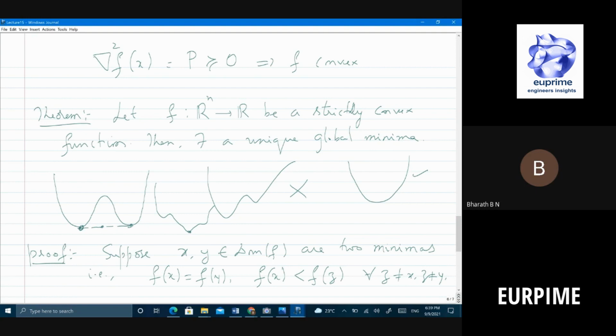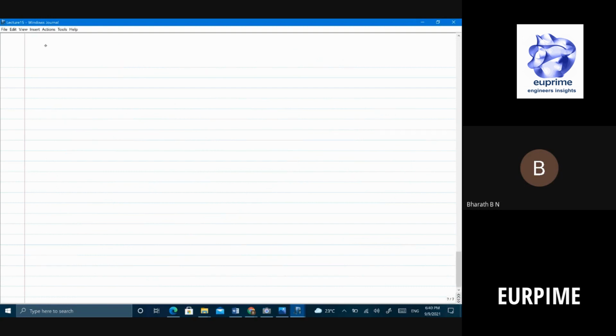So what do you do? I take a convex combination of x and y. Then f of lambda x plus 1 minus lambda y is definitely, remember this is important, strictly less than, by strict convexity, lambda f of x plus 1 minus lambda f of y. You agree? But what is the relationship between f of x and f of y? Equal, right?